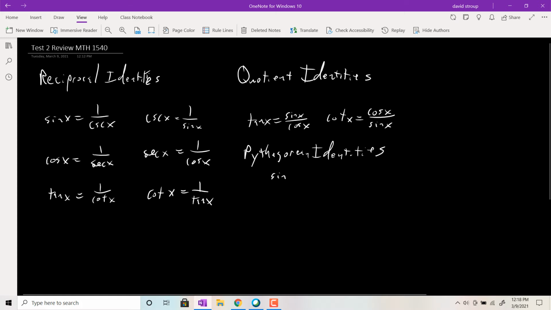You have the first main one, sine squared x plus cosine squared x is equal to 1. Then if you divide everything by cosine squared, you'll end up with tan squared x plus 1 equals secant squared x. And if you divide everything in the first equation by sine squared, you'll get 1 plus cotan squared x equals cosecant squared x.